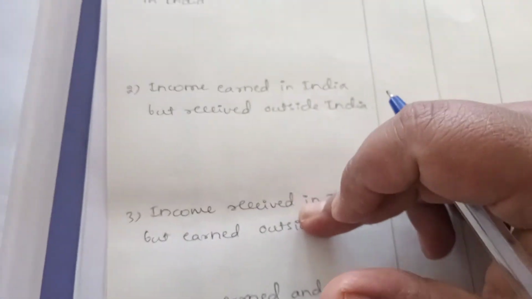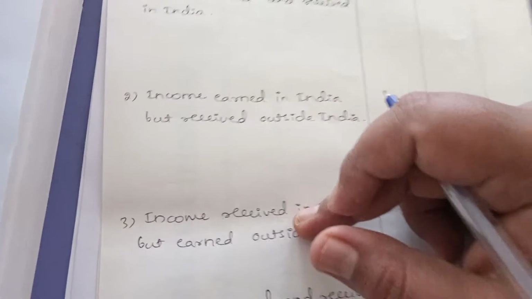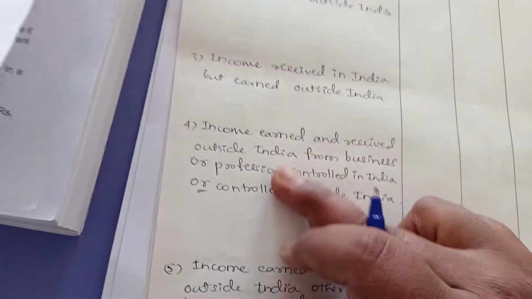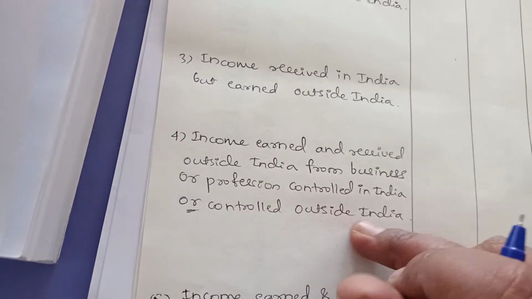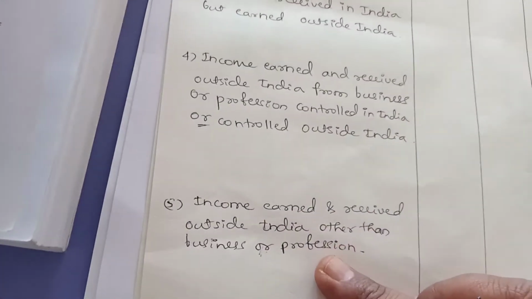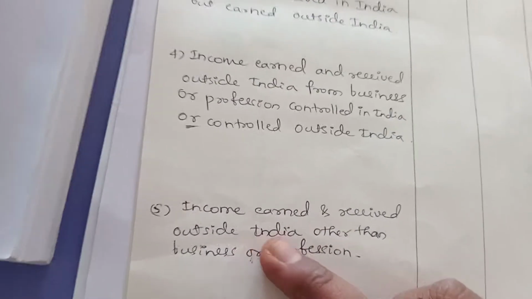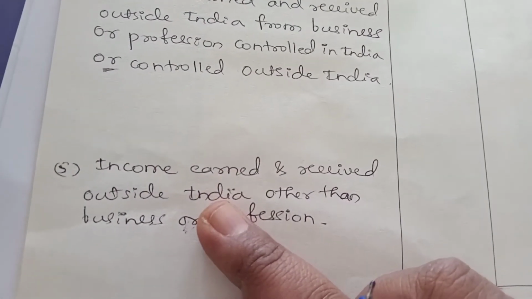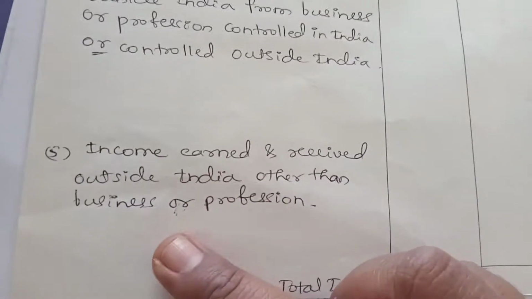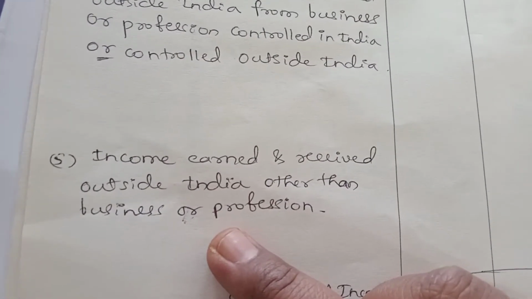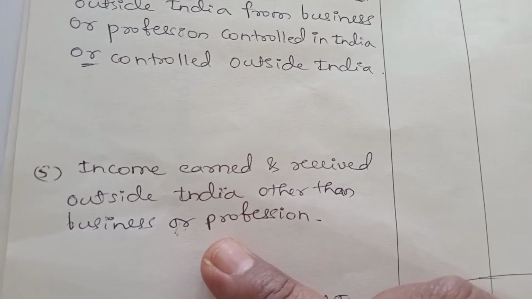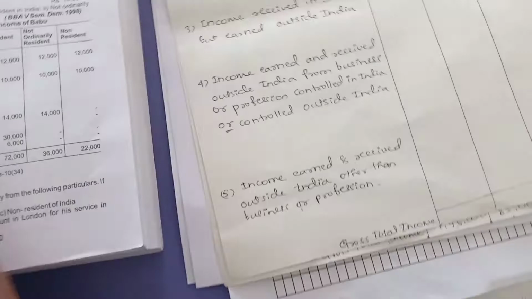If it were given, we could write under those heads, but when it is not given, we need to see income earned and received outside India. Earnings have been made outside India, and it is agriculture income, neither business nor profession.